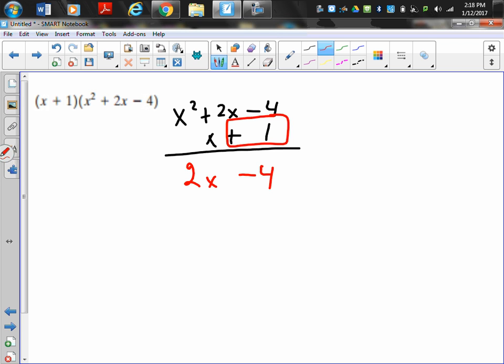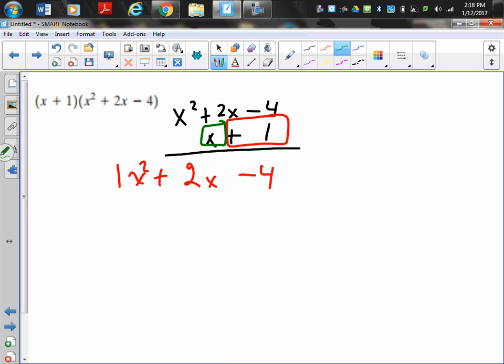It has to be x squared, right? So 1x squared.